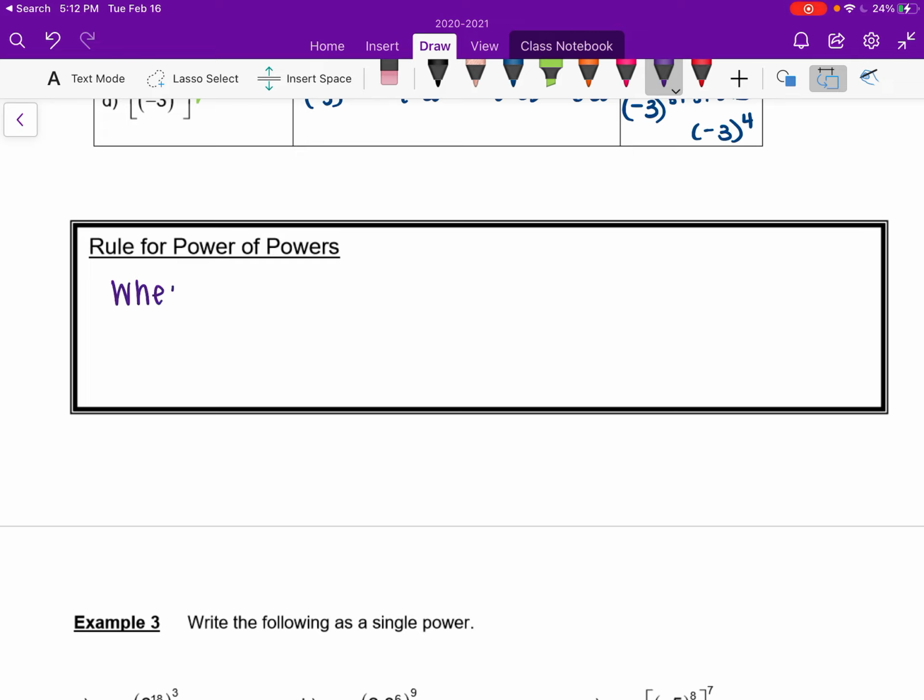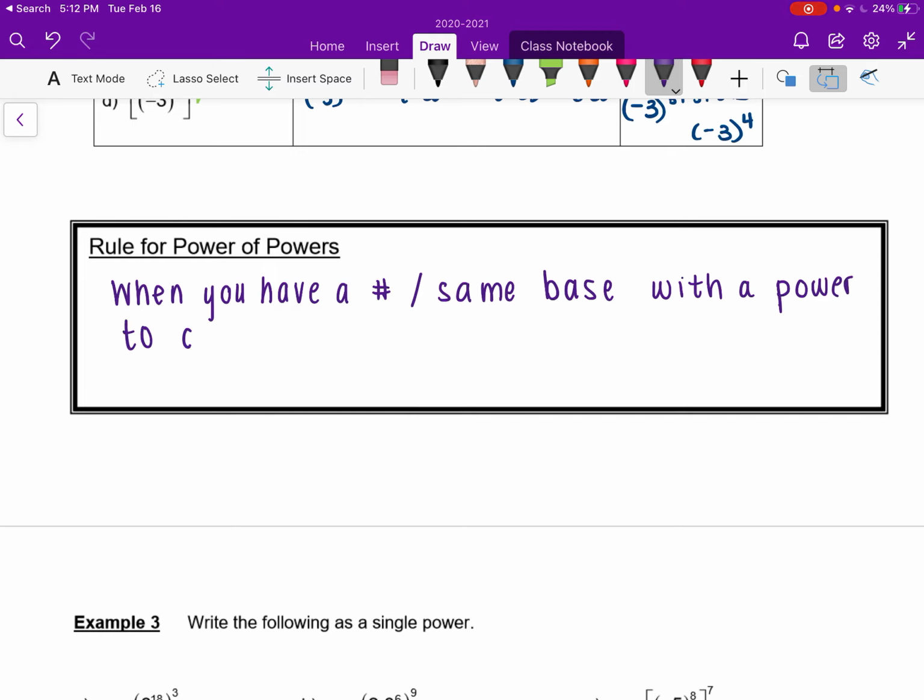When you have a number with the same base with a power to a power, you can multiply the two powers together.